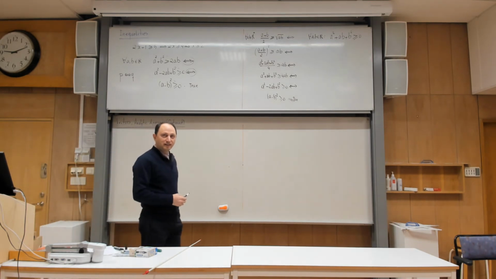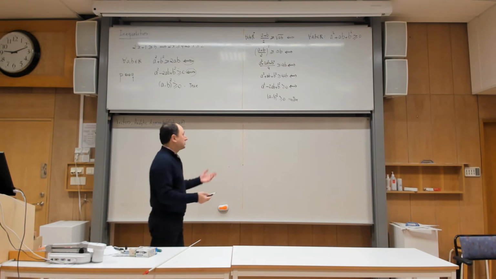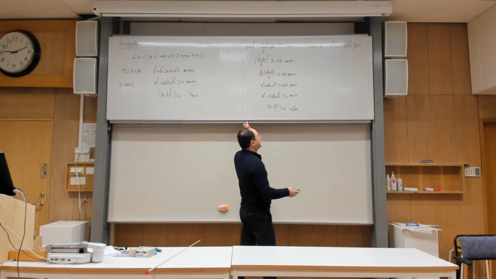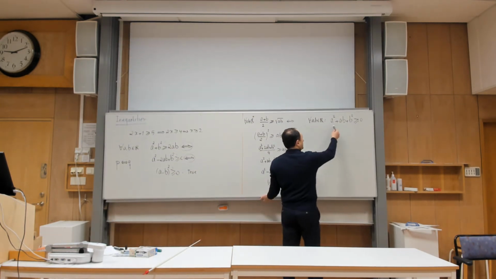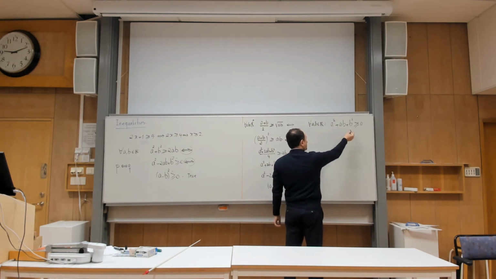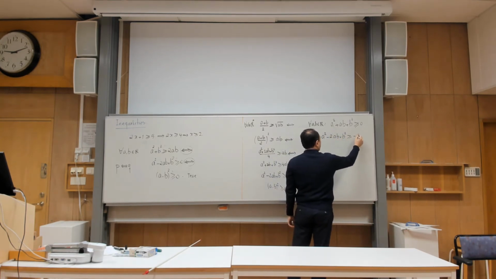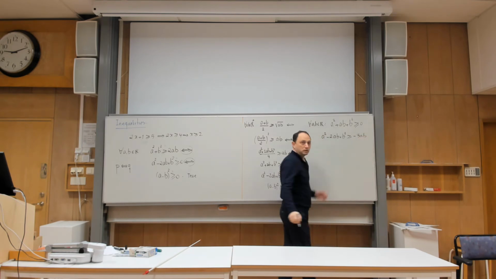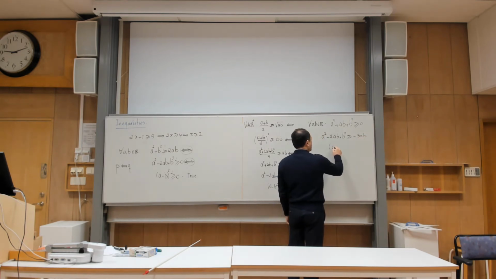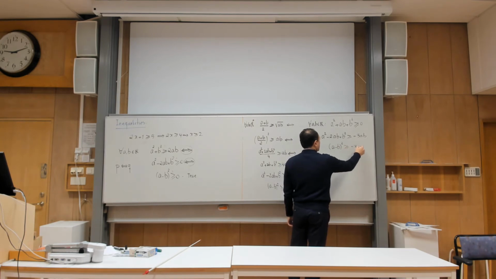Minus 3 on both sides. It doesn't work. No, minus 3ab. Okay, minus 3ab. So then it becomes a squared minus 2ab plus b squared is greater than or equal to minus 3ab, and then this becomes (a minus b) squared is greater than or equal to minus 3ab.